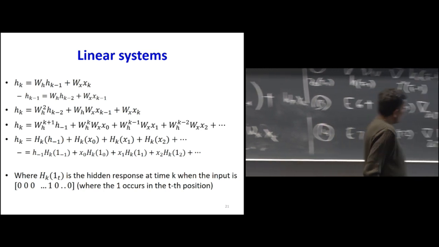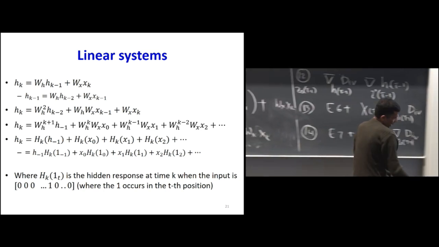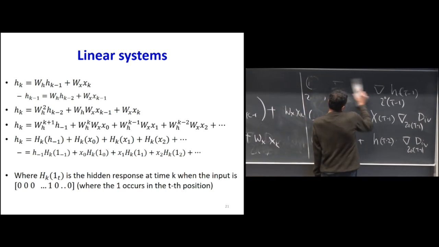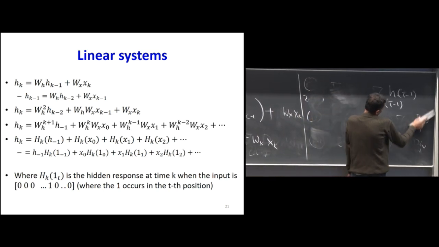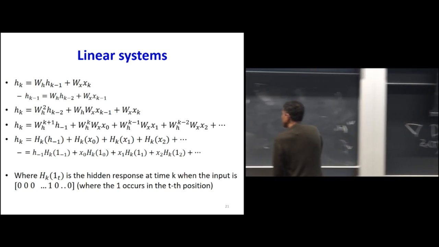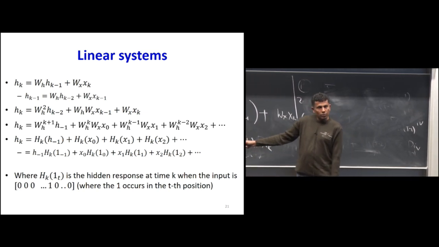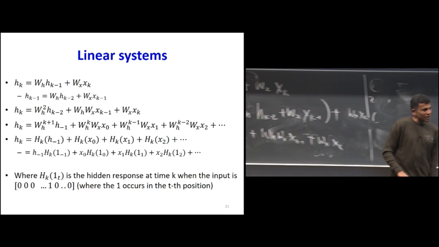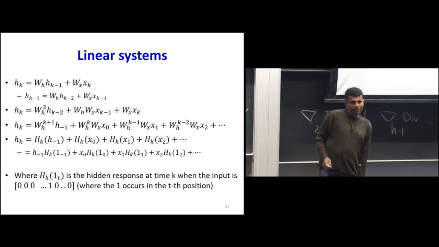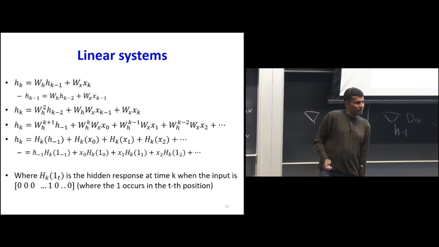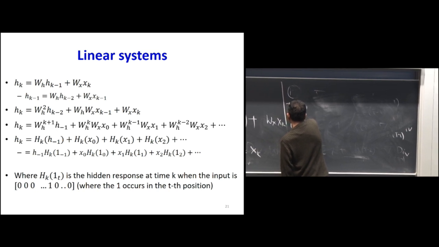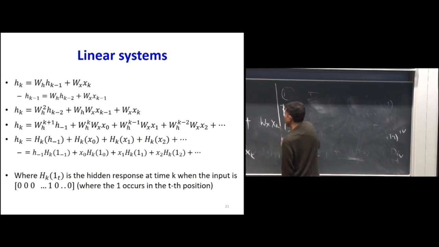Right? I can go back and now write this in terms of h_{k-3}. So I just have to plug in h_{k-3} over here, right? So someone want to expand that for me? I want to write that in terms of h_{k-3}. So I want h_k equals what?